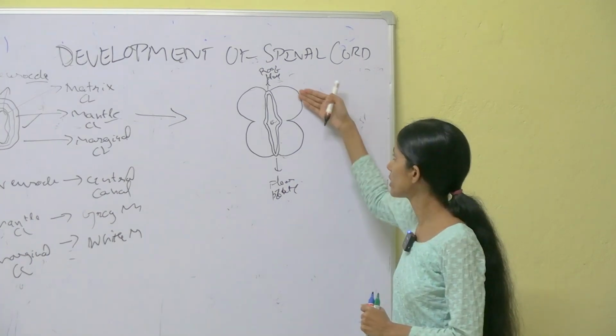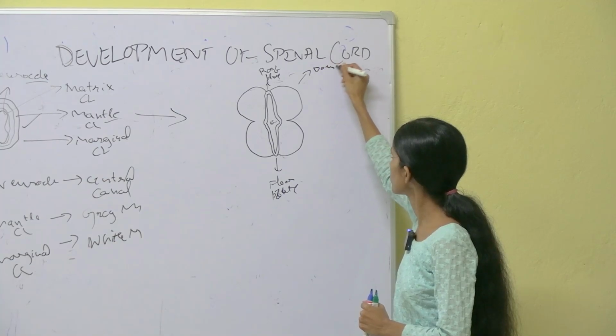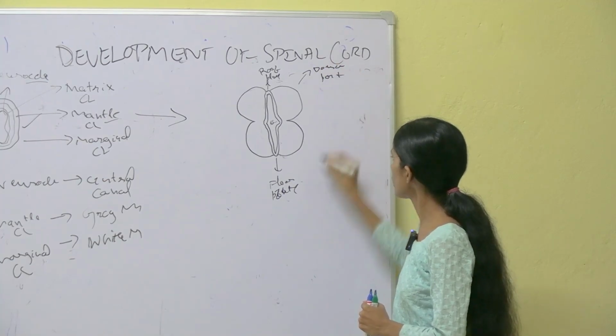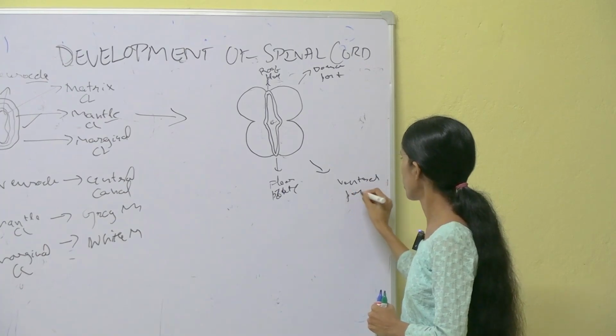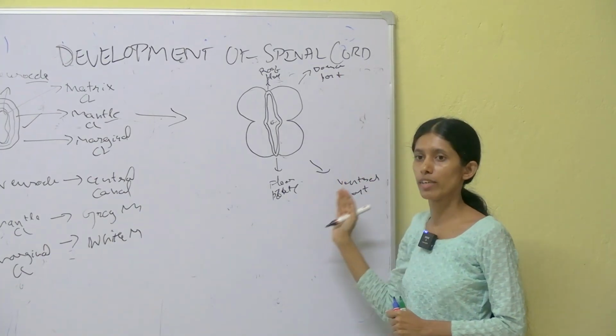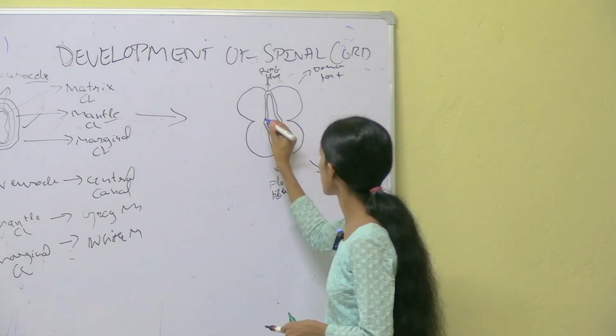Okay, this is the dorsal part of your spinal cord, and this is the ventral part of your spinal cord. Between the dorsal and ventral part of your spinal cord we have a sulcus, this structure.